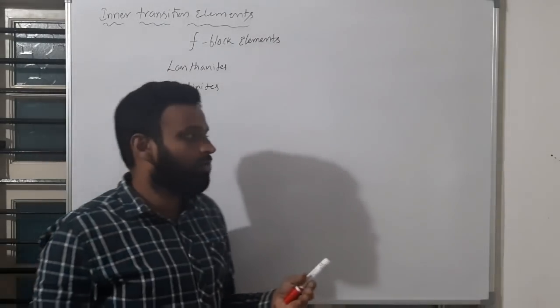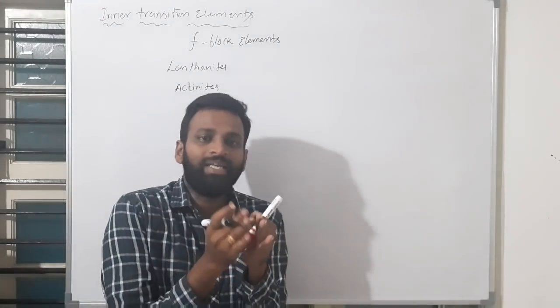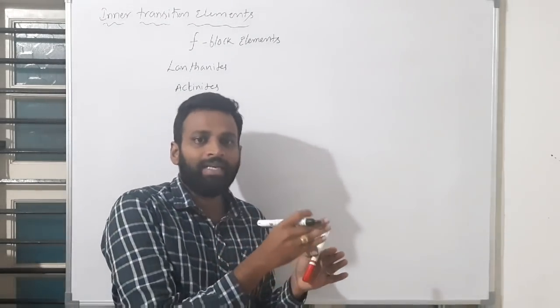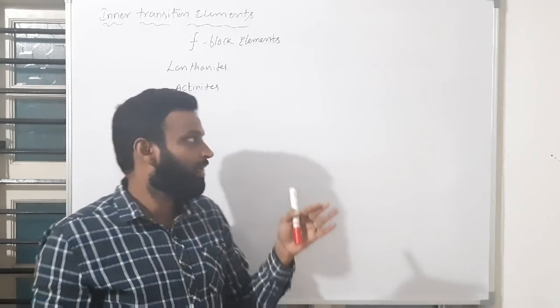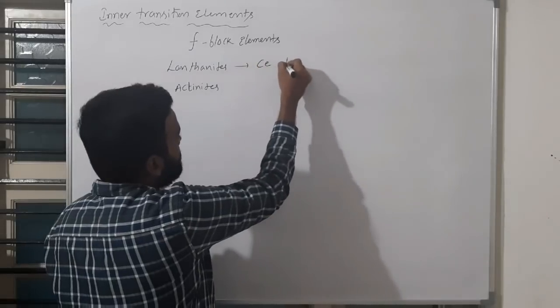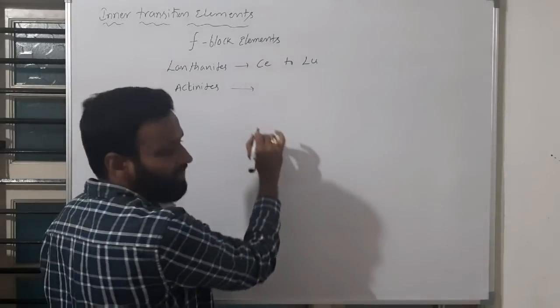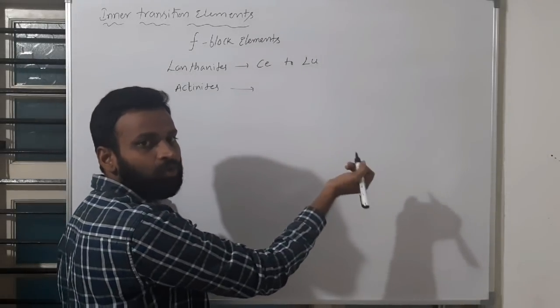Why are they called inner transition elements? Because they come in between the transition elements, between lanthanum and hafnium. The lanthanoids run from cerium to lutetium, and the actinides come between actinium and rutherfordium.